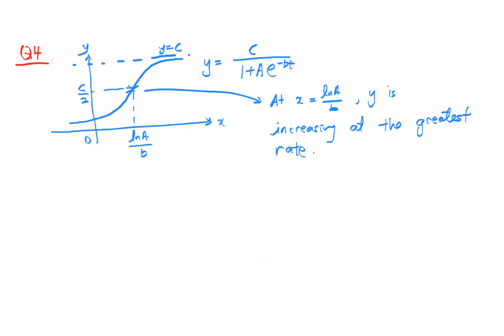And I also tell you that if you use your GC, you key in your Y1 as this. C and A can change, okay? You definitely cannot key in your Y1 as this C, okay?